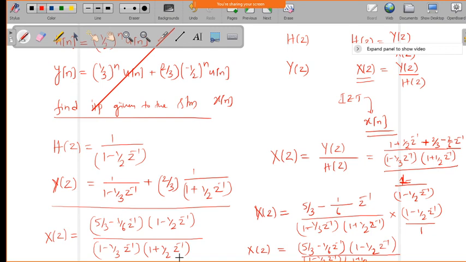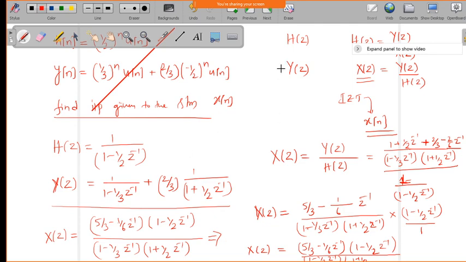So have you got this? Now multiply, because both numerator and denominator have the same power. Multiply both numerator and denominator, and correspondingly use the long division method, and you can find x of n whatever we did earlier.